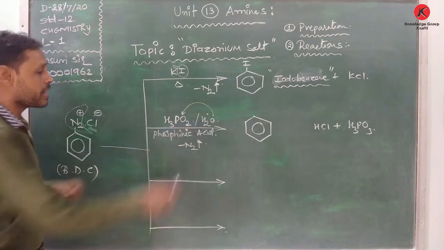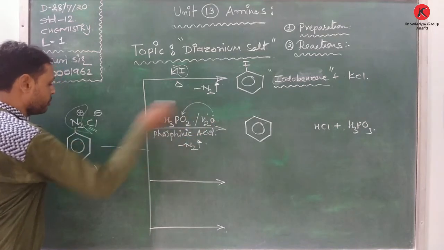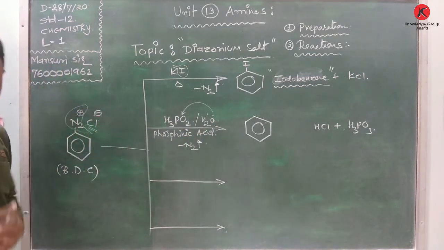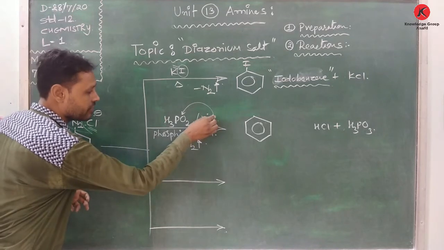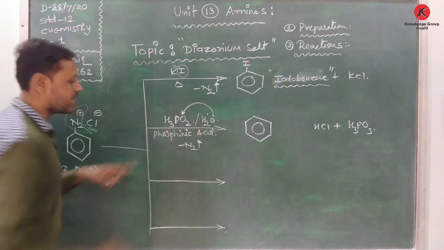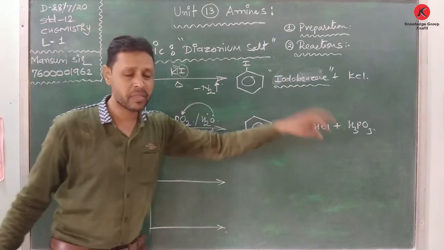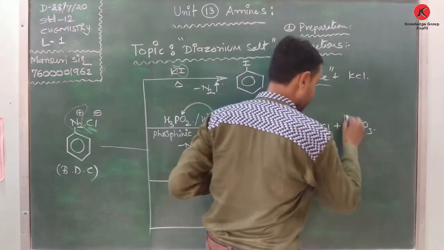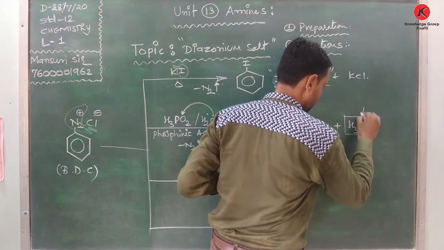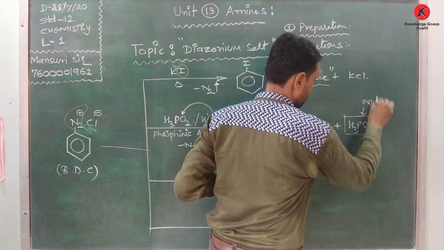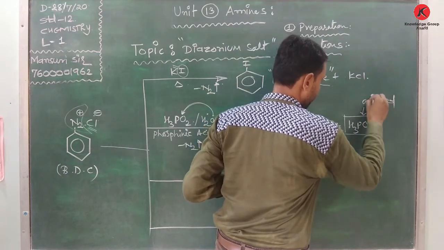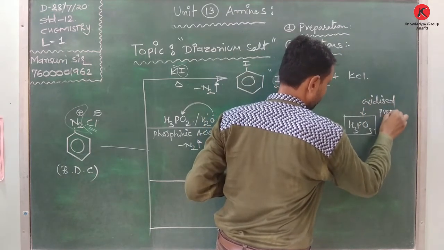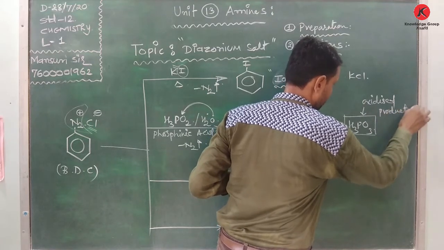When benzene diazonium chloride reacts with phosphinic acid, in other words, hypophosphorous acid, then hydrolysis occurs. That is why one hydrogen will be removed with Cl, HCl will be removed. Thereafter, one oxygen will go toward this compound, that is H3PO3 is formed, which is the oxidized product, right?